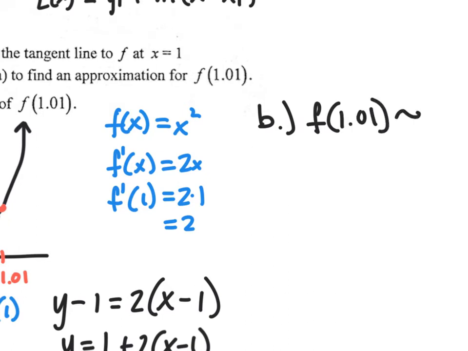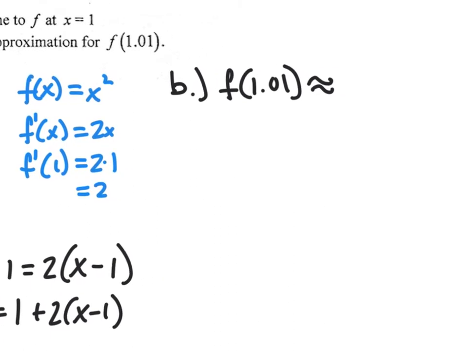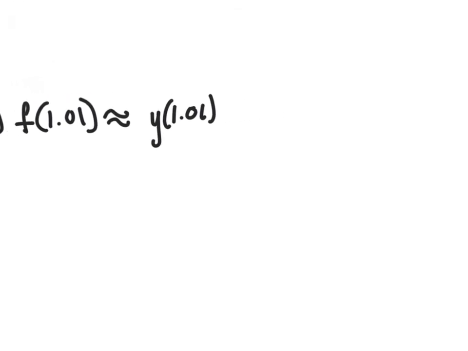And so I would say that that is approximately equal to finding y of 1.01 from my linear approximation here. If I plug that in, I'm just going to get 1 plus 2 times, and I'm going to plug this in for x, this is my x value, 1.01 minus 1.